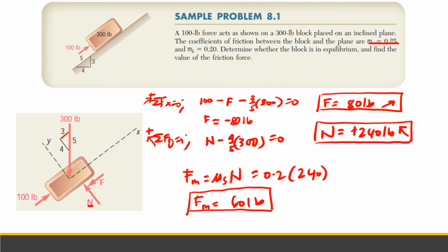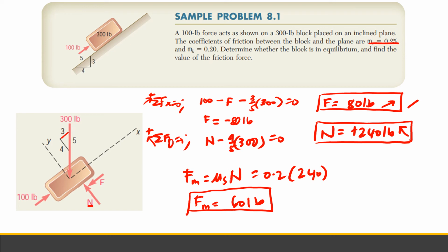Since the force required to maintain equilibrium is 80 pounds and is larger than the maximum value which may be obtained, the maximum friction is 60, meaning beyond 60 the body is in motion.